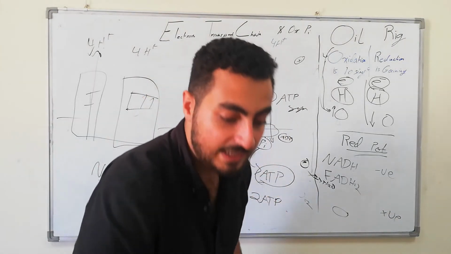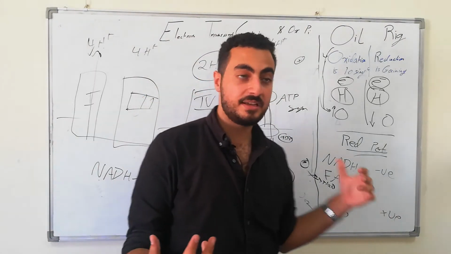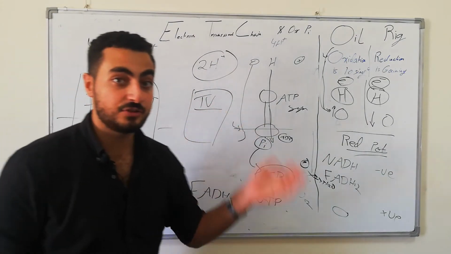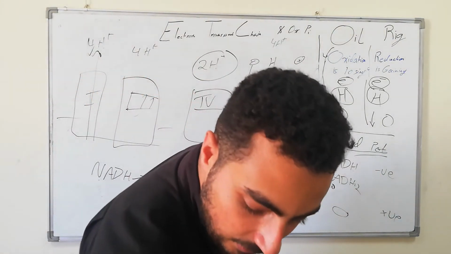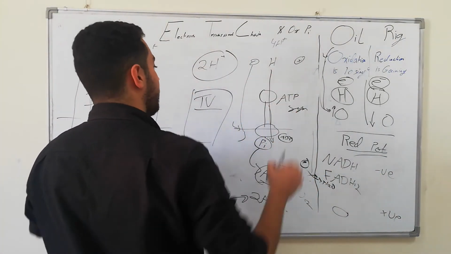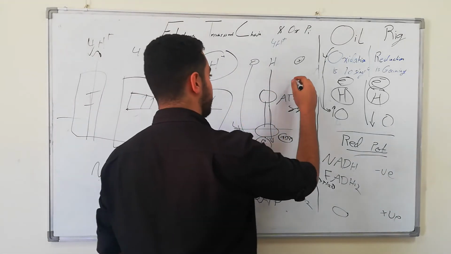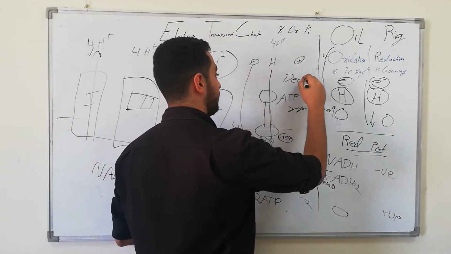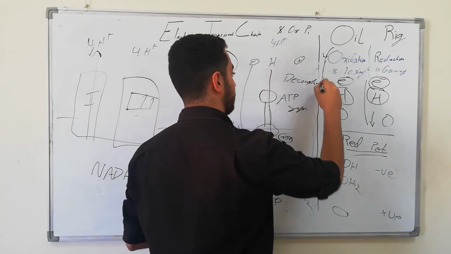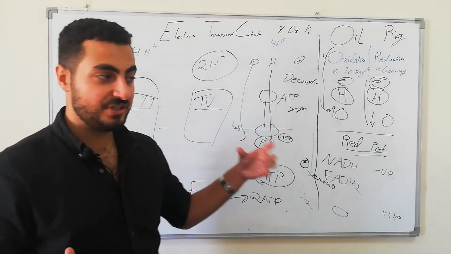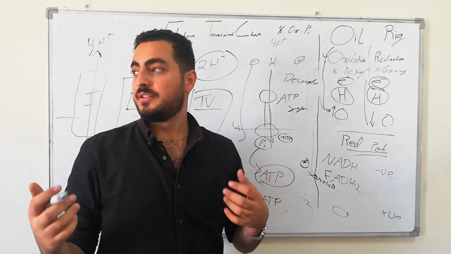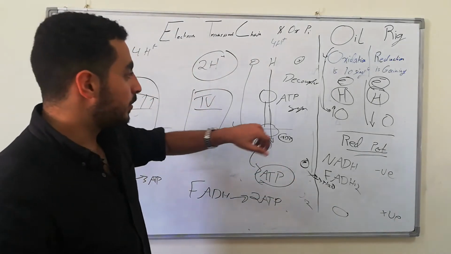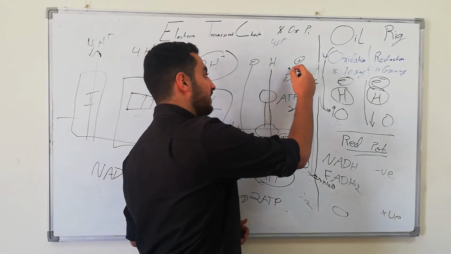So, let's go over some drugs that interfere with the electron transport chain. There are very important classes. Let's start with, for instance, something called a decoupler. Decouplers such as DNP, dinitrophenol, are molecules that are very weak acids.